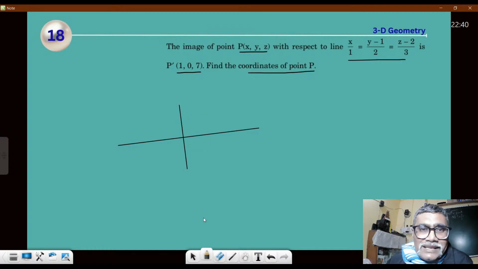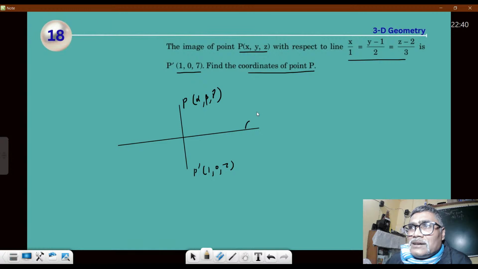How is it played? Earlier they used to give this point and ask you to find this, but this time they have given you this point and they are asking you to find this, but the line remains the same. The line is already there, the previous one that we got.